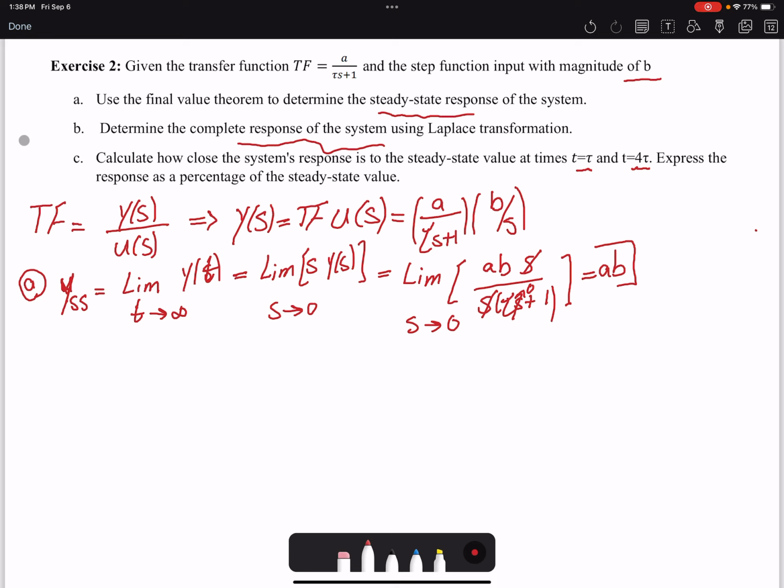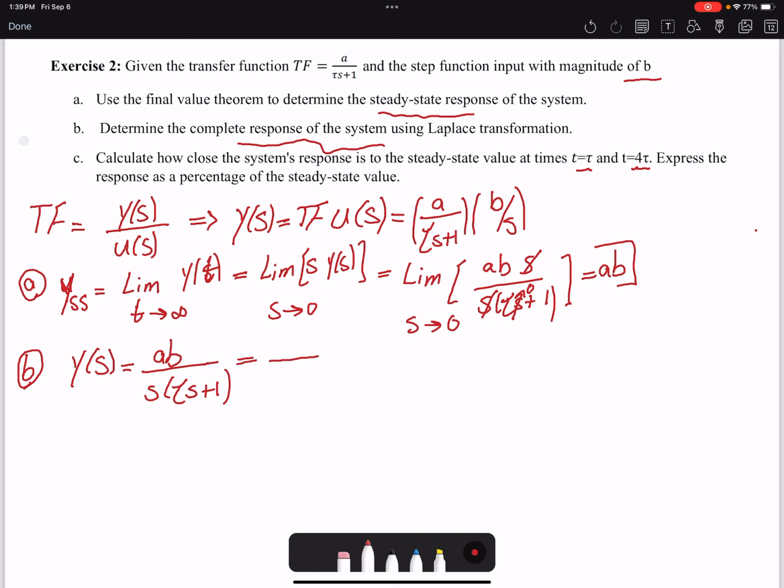In addition to the steady state response, we want the complete response, which means that I need to look at my Y(s) and try to simplify it so I can take an inverse Laplace. So it's ab over s times tau s plus 1.